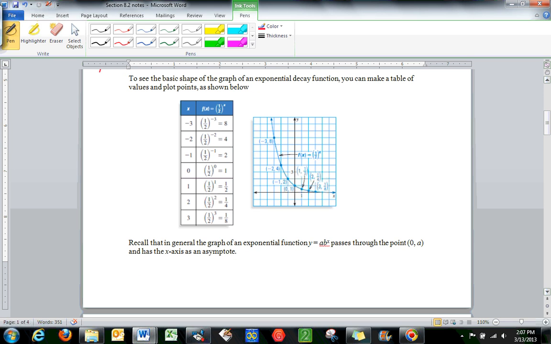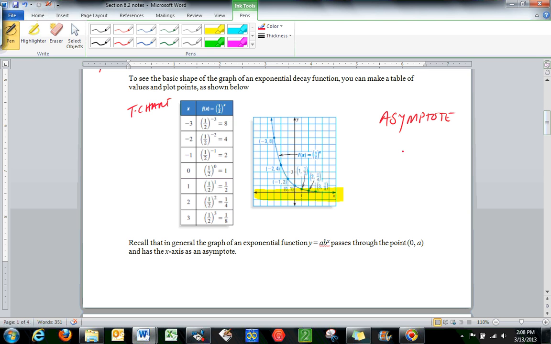Now, if we look at this first little sample here, graphing the decay function is the same as graphing a growth function. We're still going to use a t-chart. We still have to know about the asymptote, so it's very important that you know about the asymptote, and that it creates a barrier which the graph cannot go through.